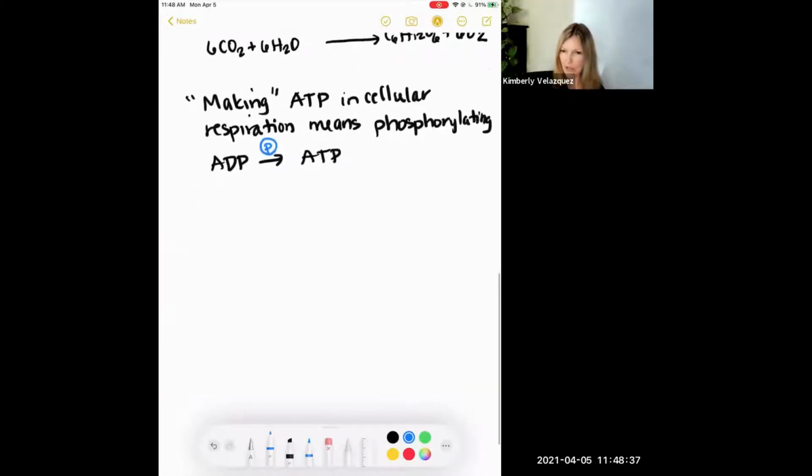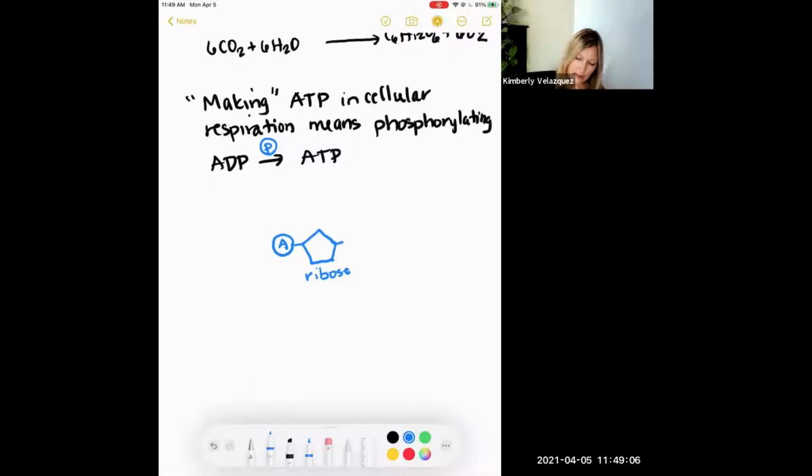So just a reminder of the structure. Remember, ADP and ATP are both nucleic acids. So the basic structure starts off looking a lot like an RNA nucleotide. It's the ribose sugar. The base is adenine, and I'm just going to draw a very simplified version with an A with a circle around it.